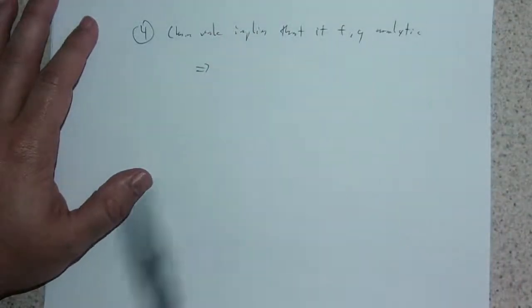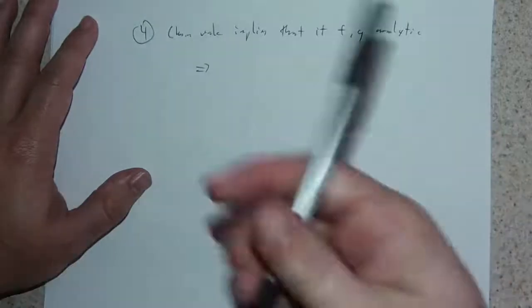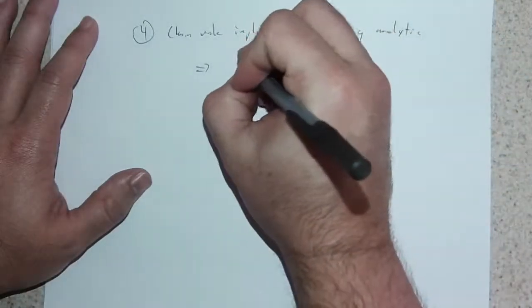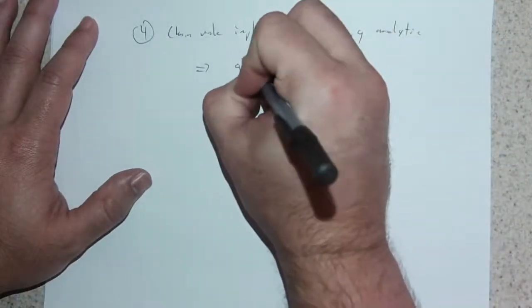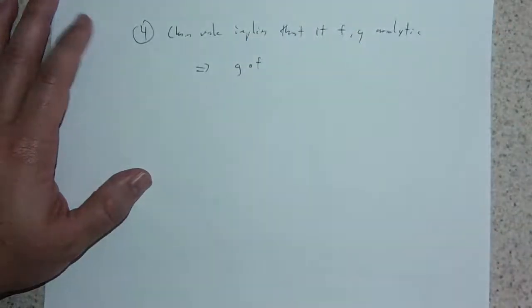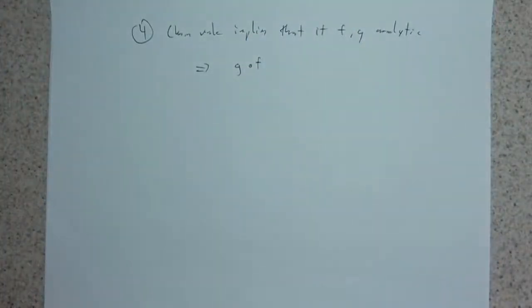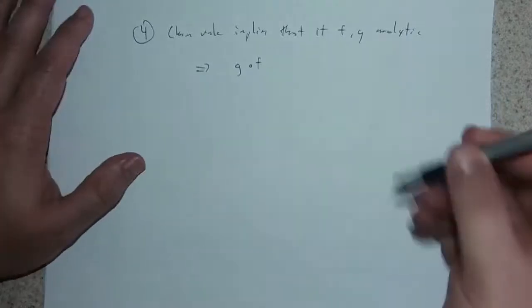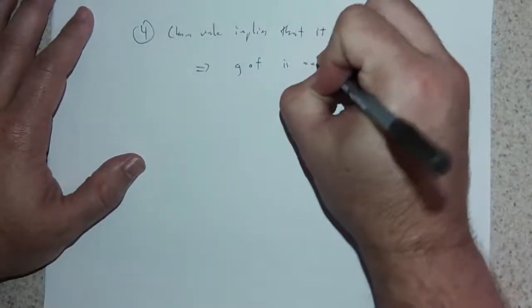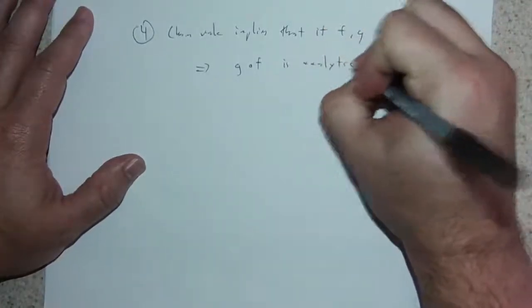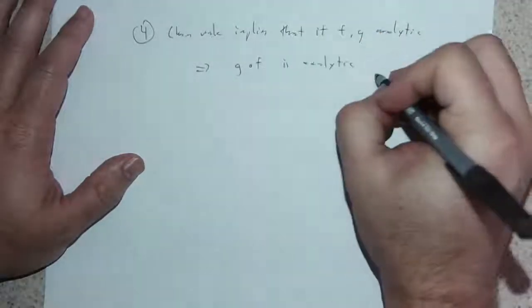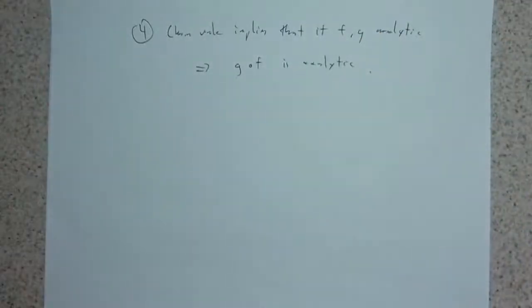So if f and g are analytic and it actually makes sense to form the composition, then g composed with f is analytic. So composing two analytic functions gives me an analytic function. All right, so that's good.